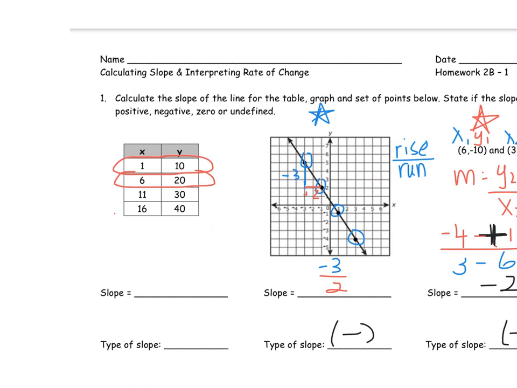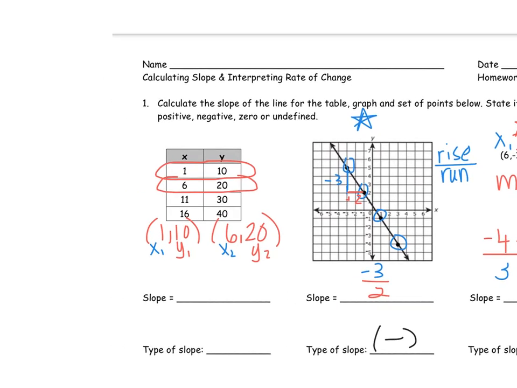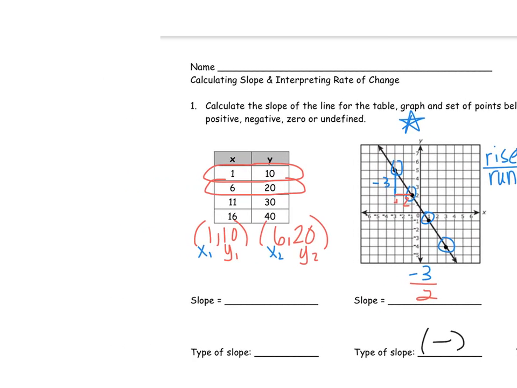So my 2 points are 1, 10 and 6, 20. So I have my x1 and my x2. And I also have my y1 and y2. I'm going to plug it in the formula for slope. So over here, I know I'm going to have my y2 minus y1 divided by x2 minus x1.